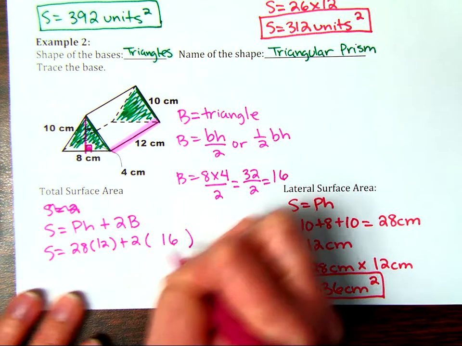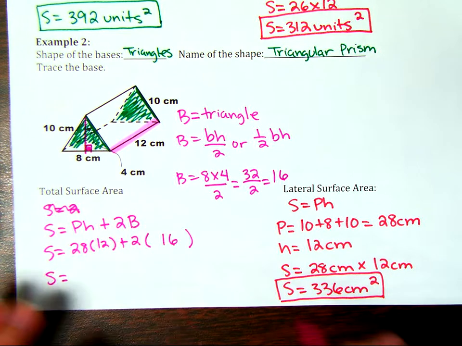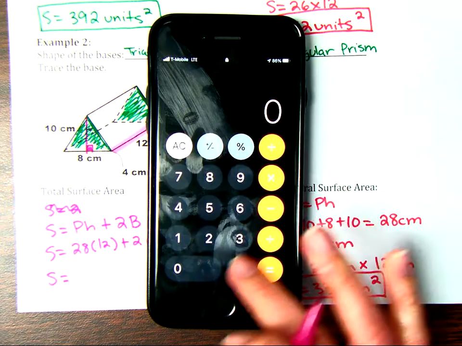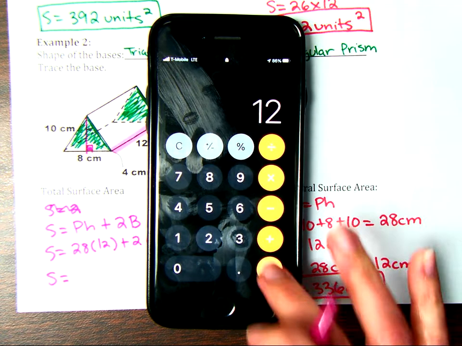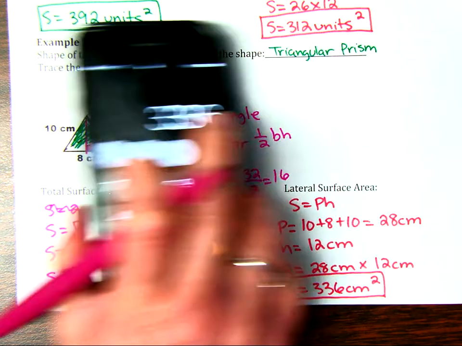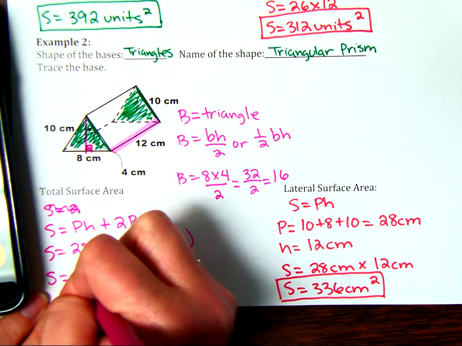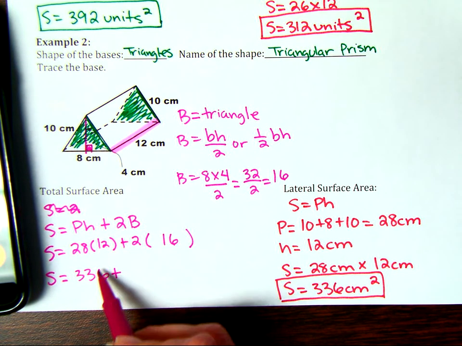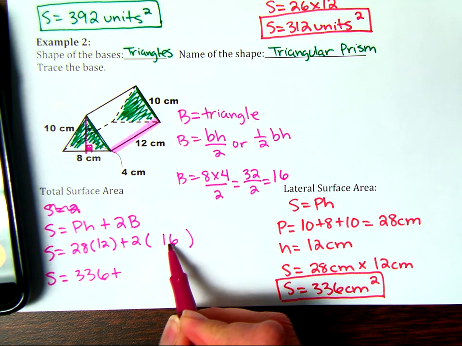So now we have everything that we need. We're going to go ahead and plug that into our calculator. 28 times 12, which we already knew was 336, because that was our lateral surface area. So this makes sense. This is our lateral surface area plus the area of the two bases.